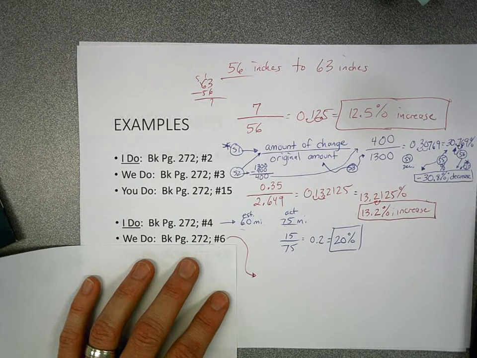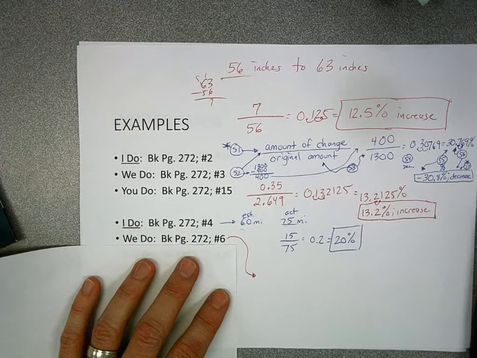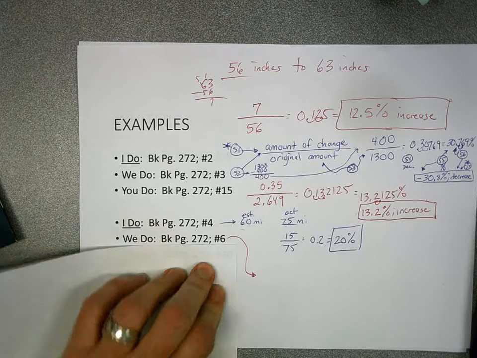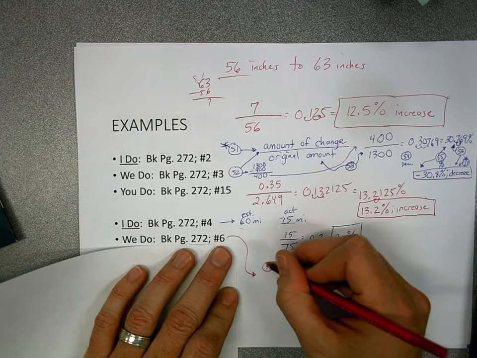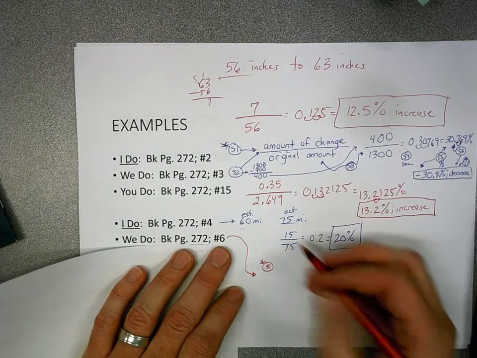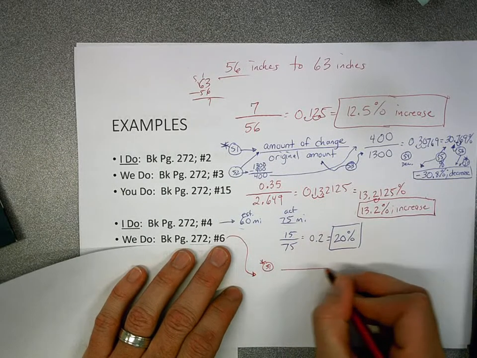All right, number 6 says the estimate for the amount of rain in May in one part of Texas was 5.6 inches. The actual rainfall was only 2.4 inches. What was the percent error of the estimate to the nearest percent? So here we go. Step 1, and just like step 1 in percent of change, we're going to just write this up at the top once as a reference point, just to look back to.